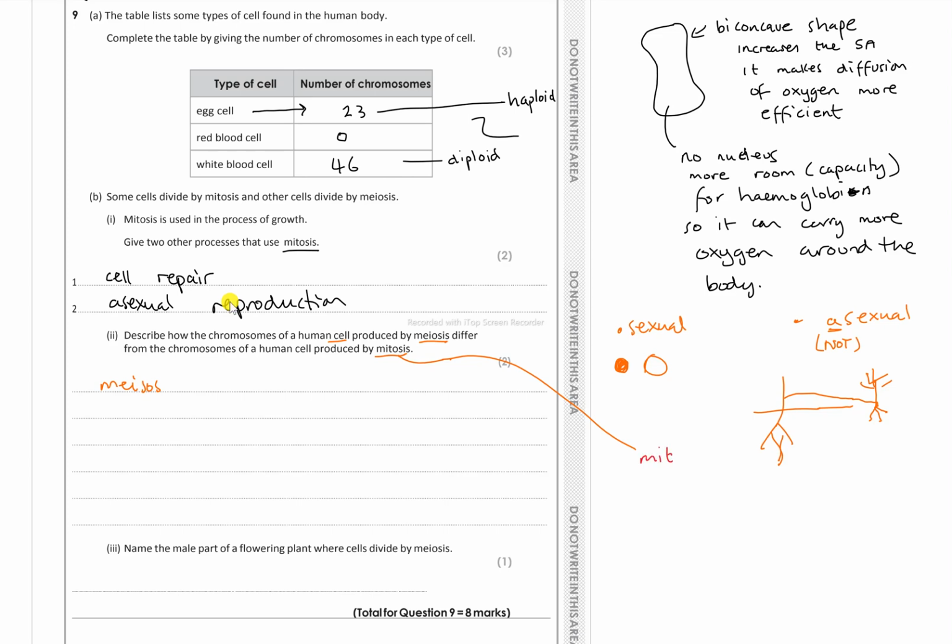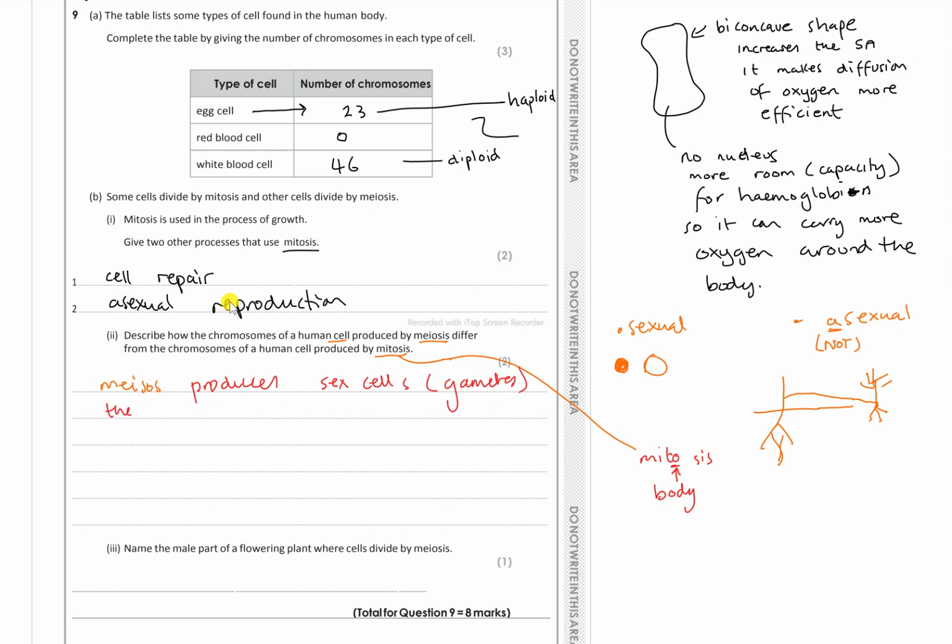Mitosis. So it's mito, and mito is part of my body. So mitosis produces body cells. So meiosis produces not body cells but sex cells. And what do we call those? Gametes.